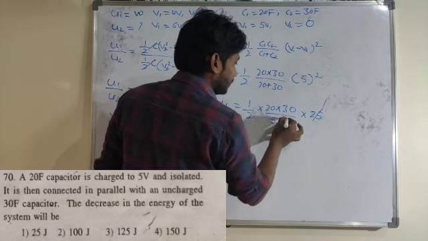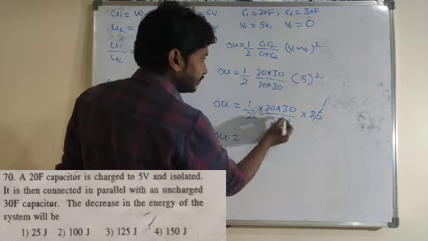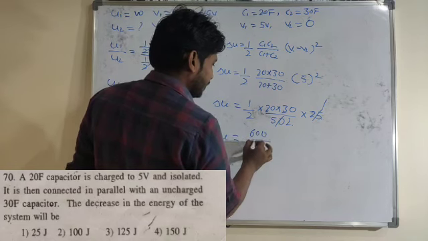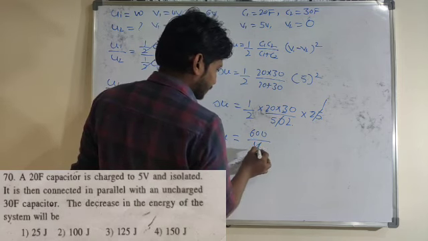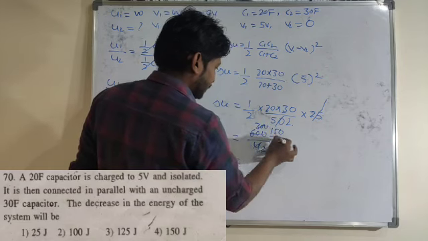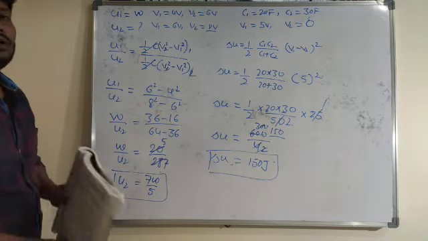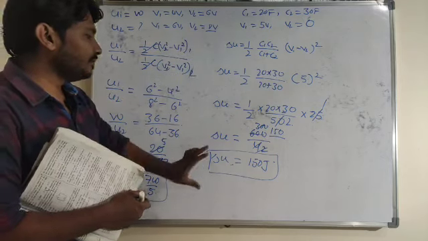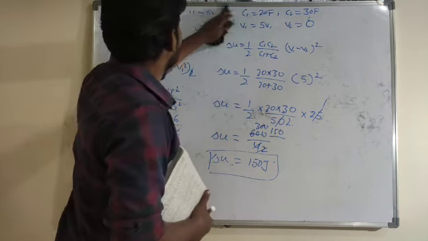So delta U is equal to 600 divided by 4, which is 150. The decrease in the energy is 150 joules. Decrease in energy is nothing but energy loss, so this is the amount of energy loss. We'll look at the next one.